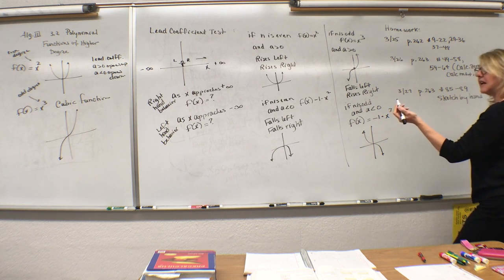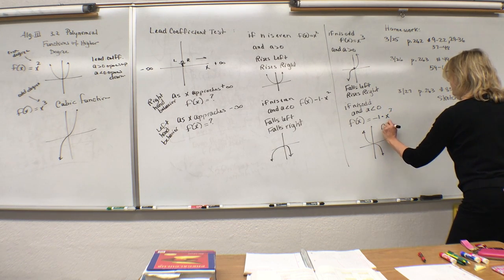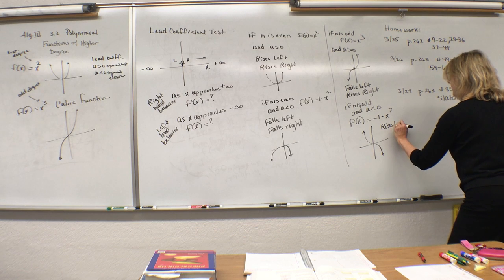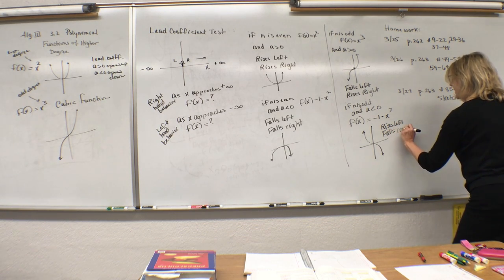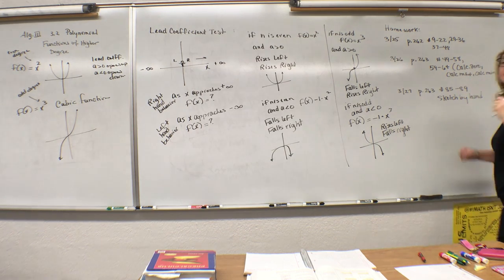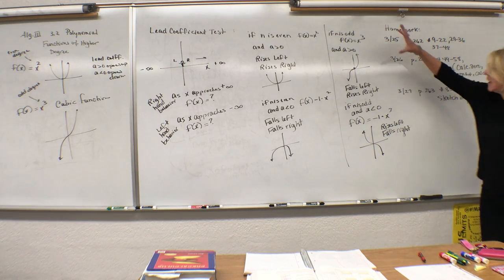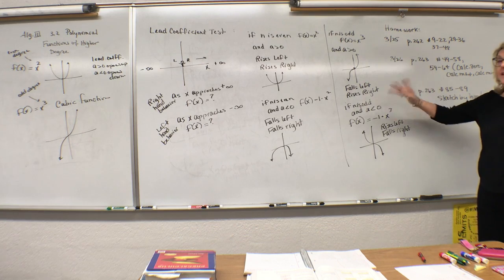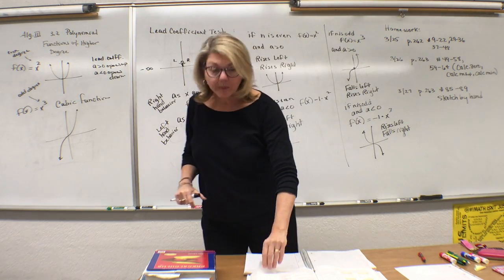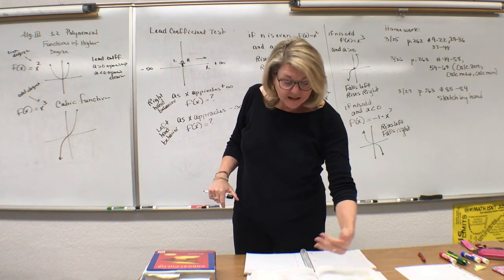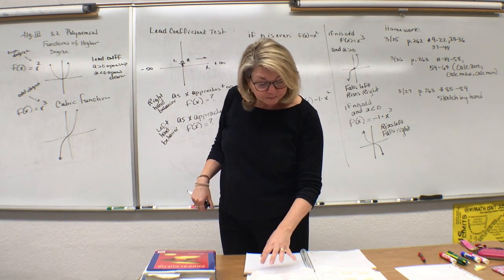And if again I'm standing at the origin, I'm going to say this one rises left, falls right. This is our lead coefficient test. This helps us to anticipate what this curve is going to do, again, before we ever put pencil to the paper. Example 3, you can take a look at it.